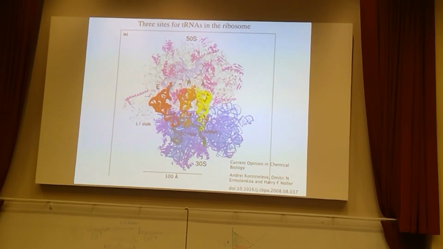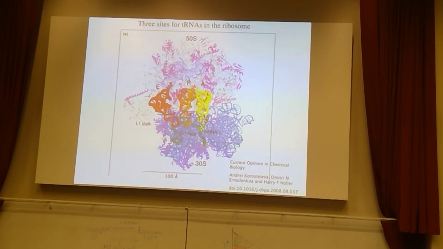This green little bit right here, that's our template. That's our mRNA, and you can see that the anticodons are engaging with the mRNA down here, and this must be where the business end of the ribosome is. These are the ends, the CCA arms of the tRNAs, and so this is where the bonds must be being formed.